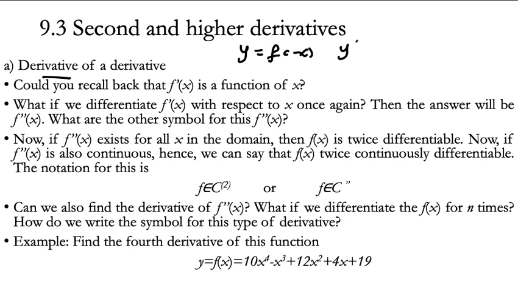If we take y prime, or we can also rewrite it as f prime x, then you can see that f prime x is a function of x. So what if we differentiate f prime x with respect to x once again? Then you're going to get y double prime or f double prime x, isn't it? So any other symbols for this? If the first one here, you can write it, let's say delta y over delta x.